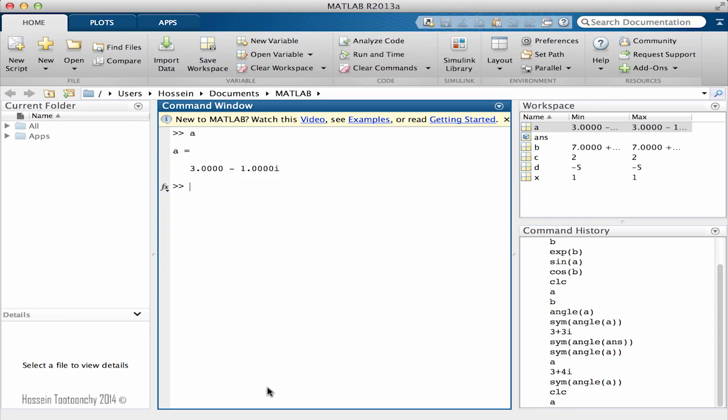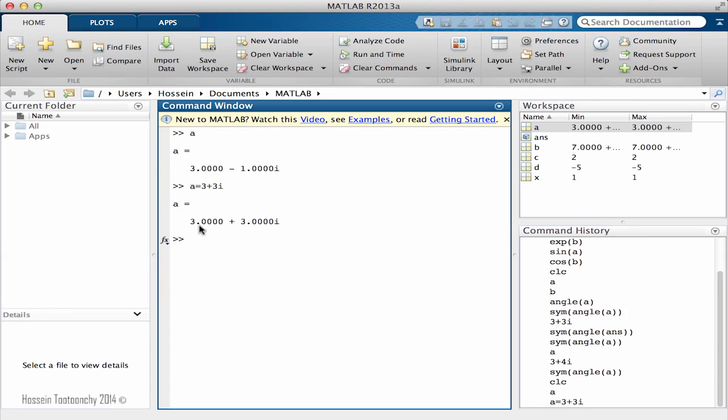So this was a, okay? Now let me define a as 3 plus 3i, okay? So it used to be -1, but now I deliberately change that to 3i, and I'm going to explain to you why. So if I do that, now it is the new variable.